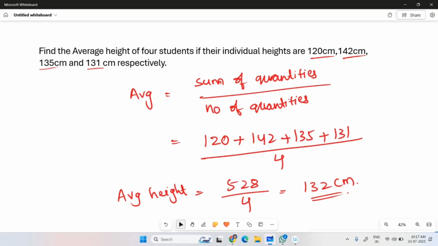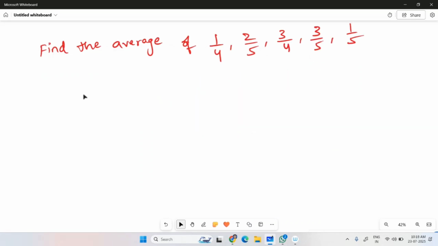Okay, so the numbers here are whole numbers. What if we have to find the average for fractional numbers? Let's see an example. Find the average of 1 by 4, 2 by 5, 3 by 4, 3 by 5 and 1 by 5.